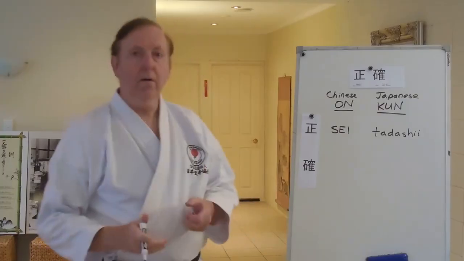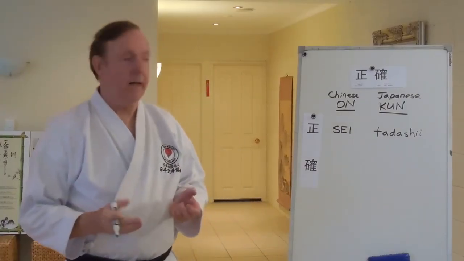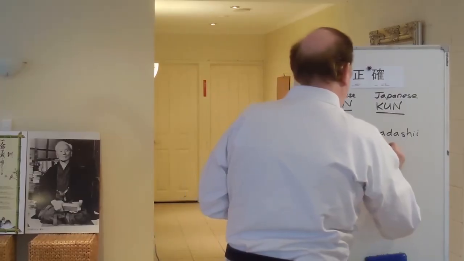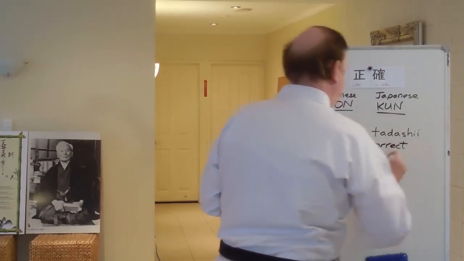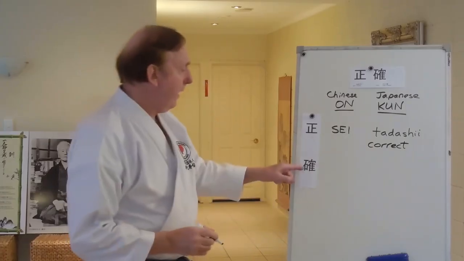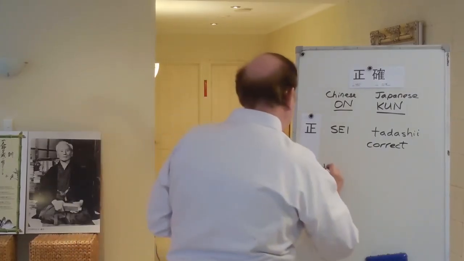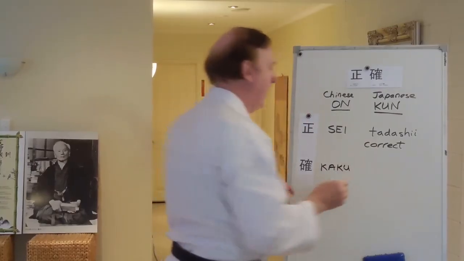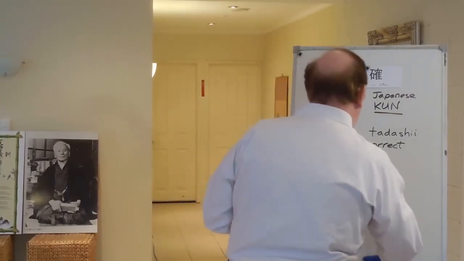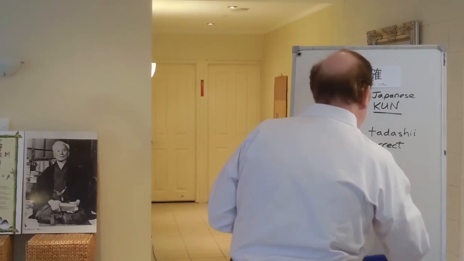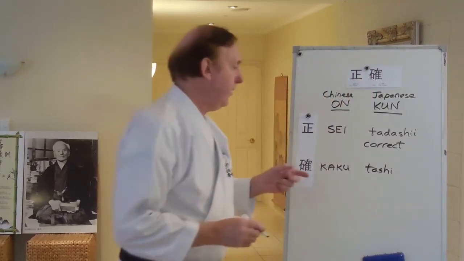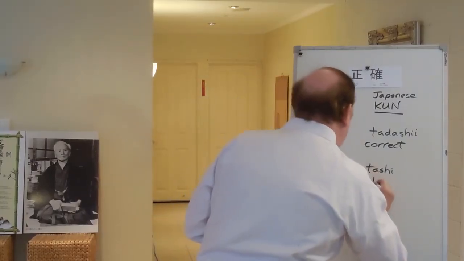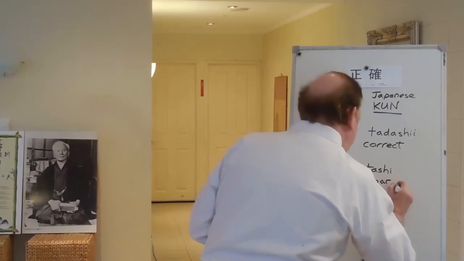And tadashi could be used to say correctly or do something correct. So the English translation would be correct. Kaku here transfers into Japanese as tashi. And tashi means clear or evident.